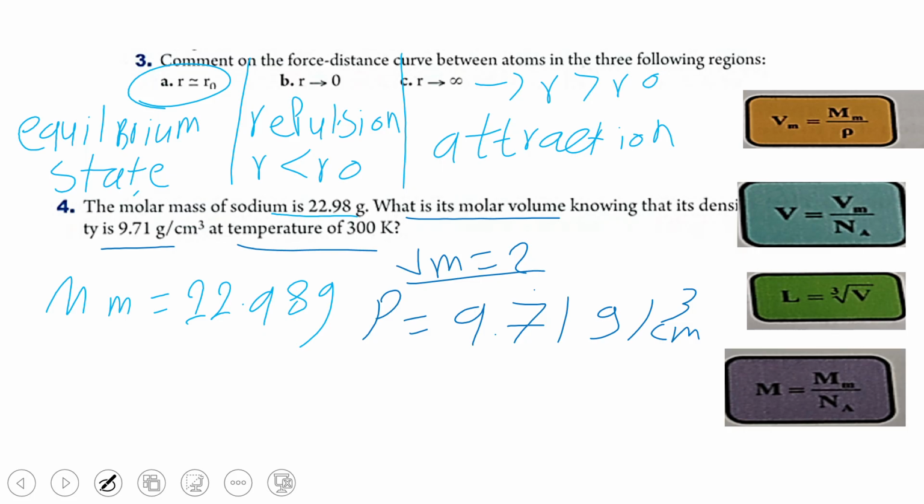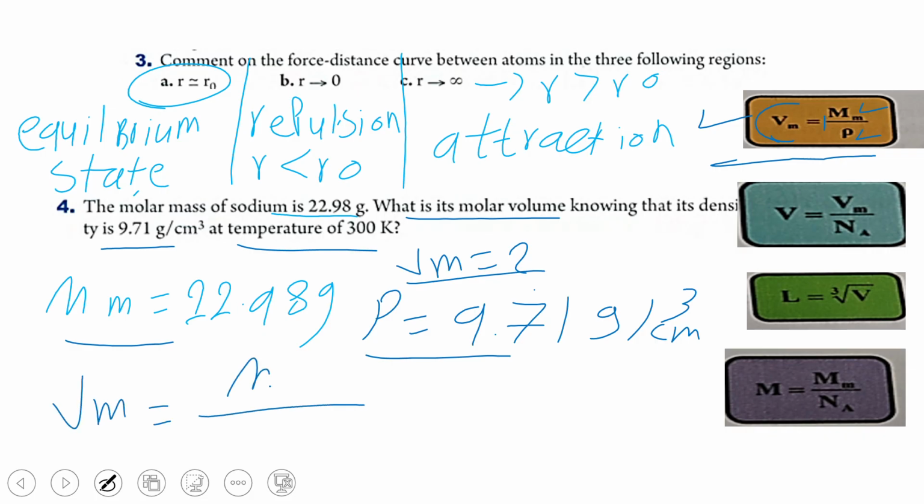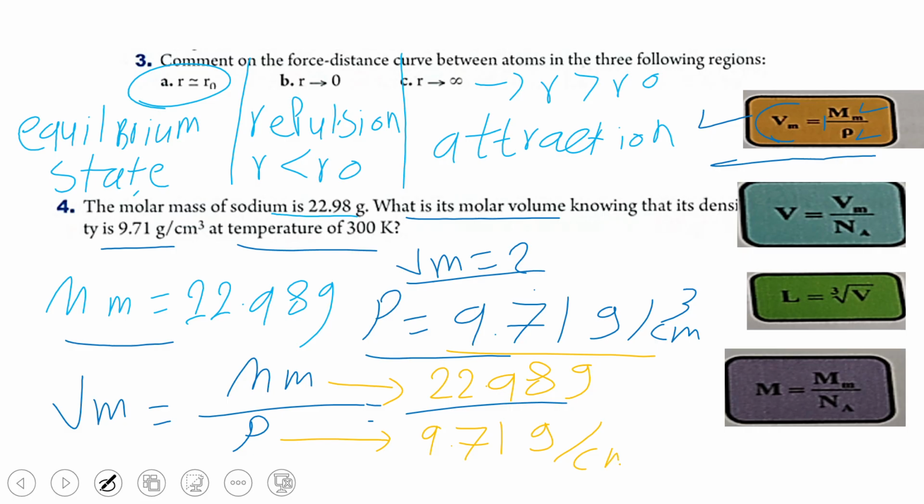Guys, look, we have the rules in front of you. I wrote them for you. Which rule do we have to use? We have a molar mass and a density, and we just need to find Vm. Of course, the first rule, because we have molar mass and density, divided, we can find Vm. So Vm equals molar mass over density, equals 22.98 grams over 9.71 grams per centimeter cube.